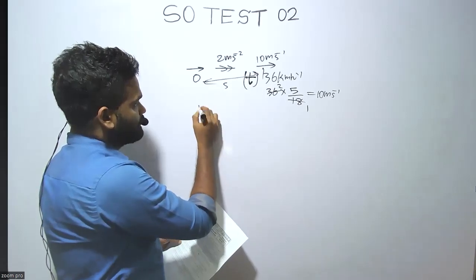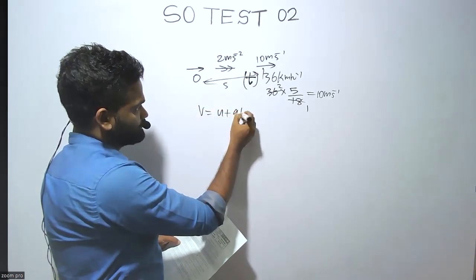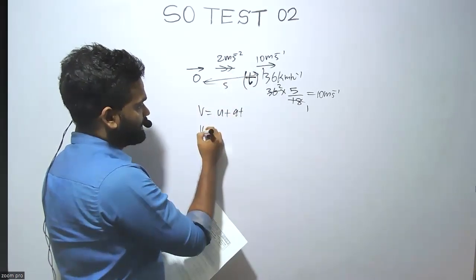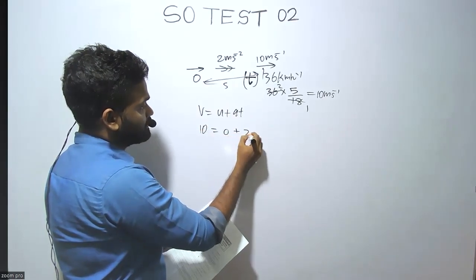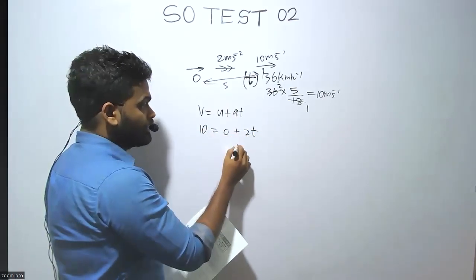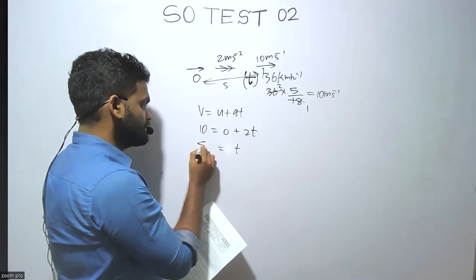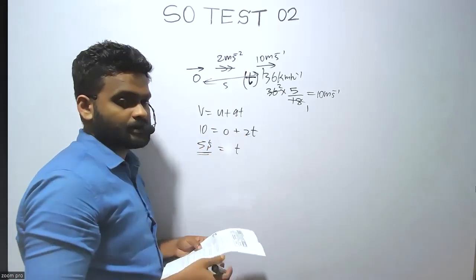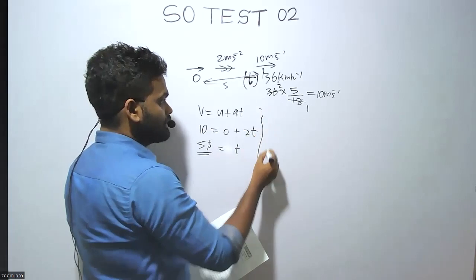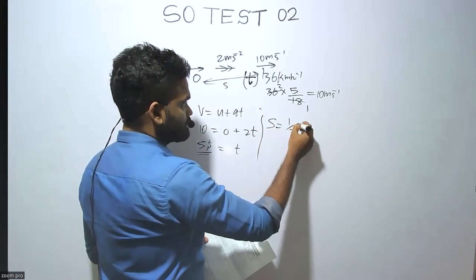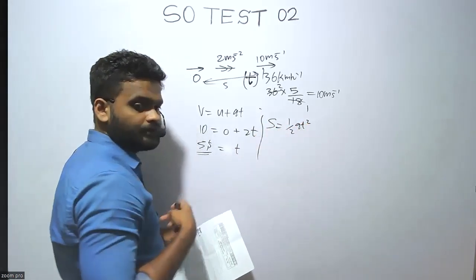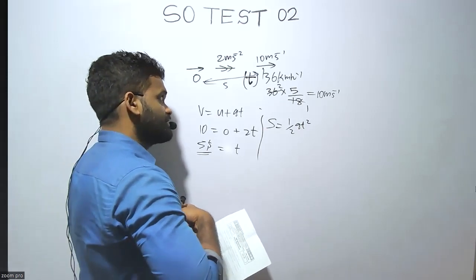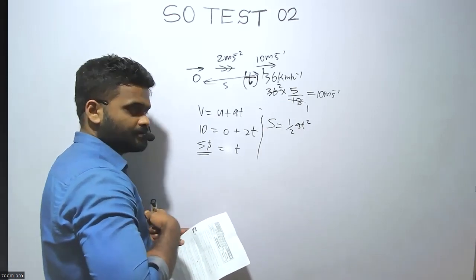First I'll find the time it took. Final velocity 10, initial 0, acceleration 2, time is t. Then divide by 2 on both sides, so you get 5 seconds. Then to find distance, half a t squared, u is 0, so the ut term cancels off.